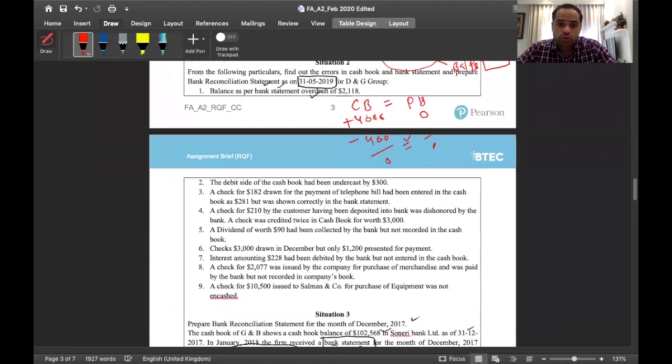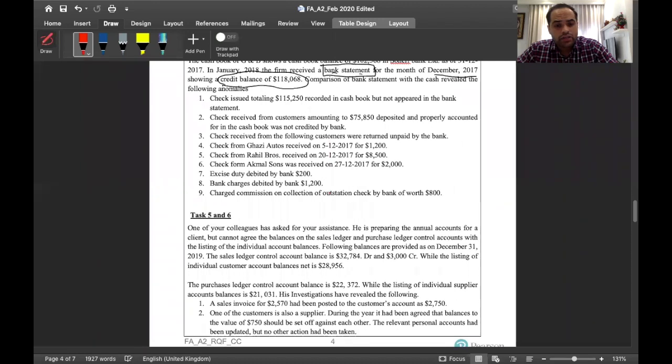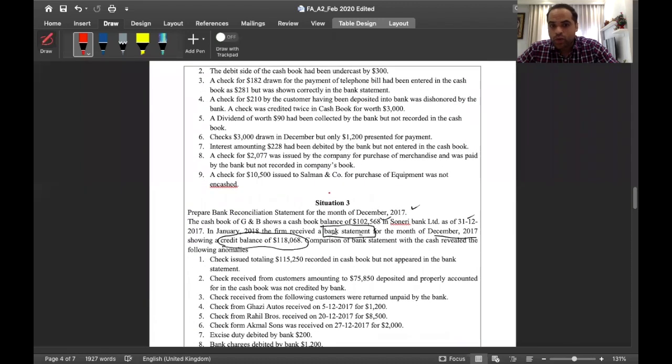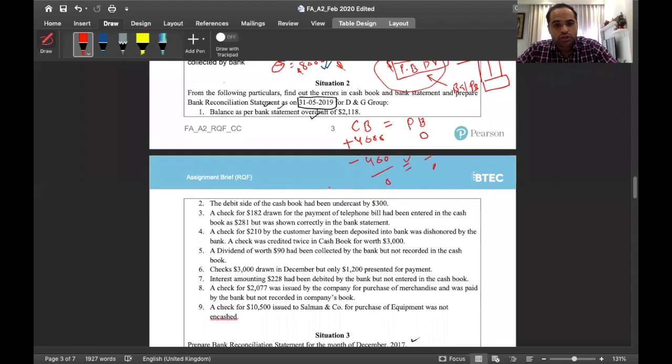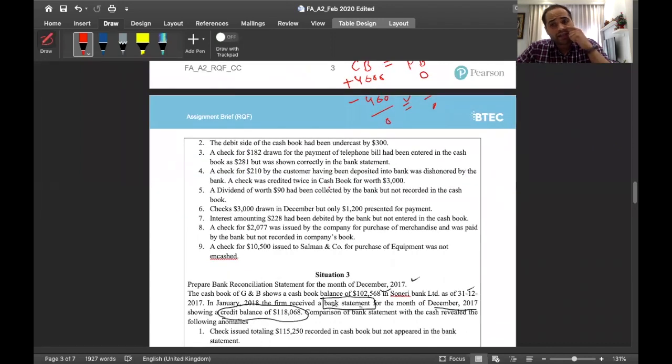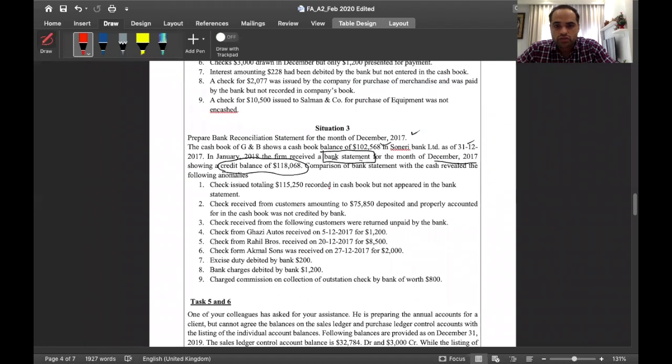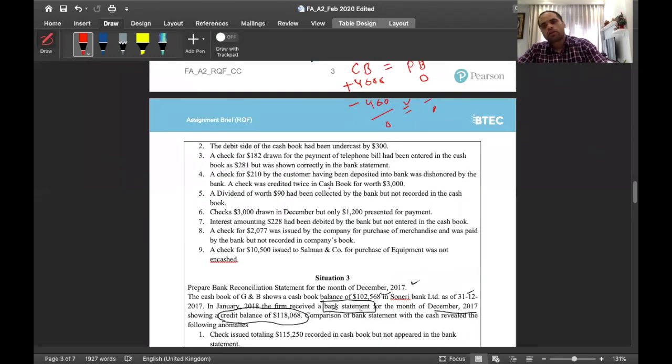For situation 2 and 3, I leave it to you. I want you to do situations 2 and 3 by yourself, and then we will check the answers of situation 2 and situation 3. I think that's all for this session. You do it as your homework, situation 2 and situation 3.